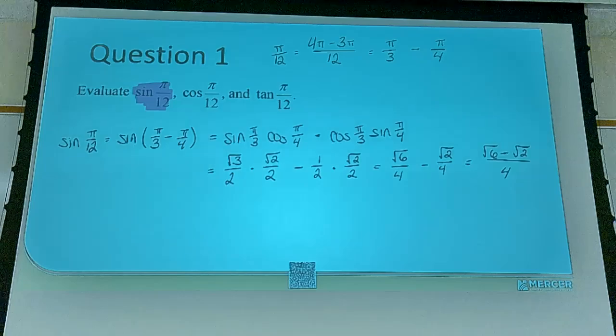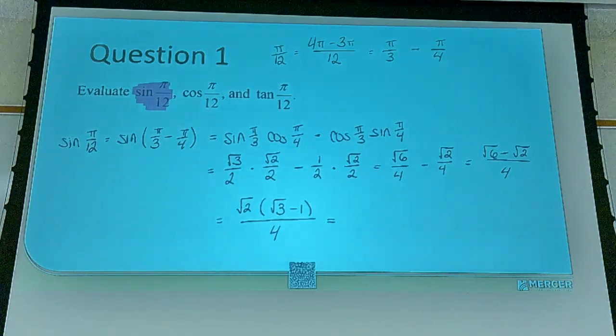That actually can be simplified. It's also written in the form root 3 minus 1 all over 2 root 2. But it doesn't matter.